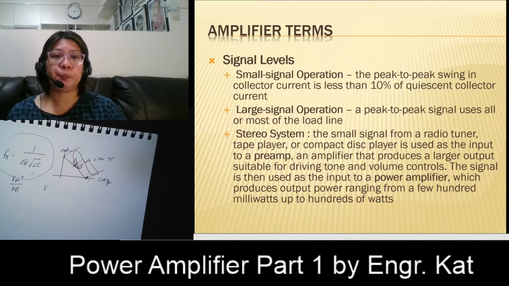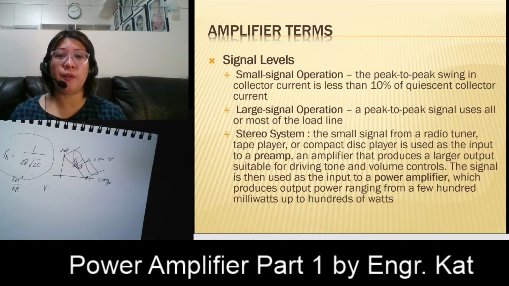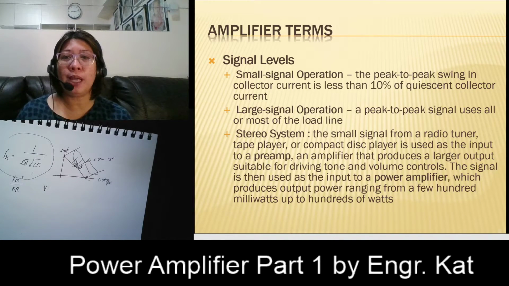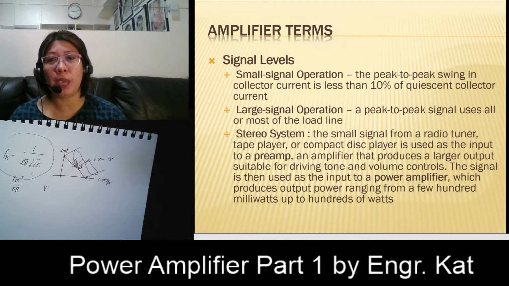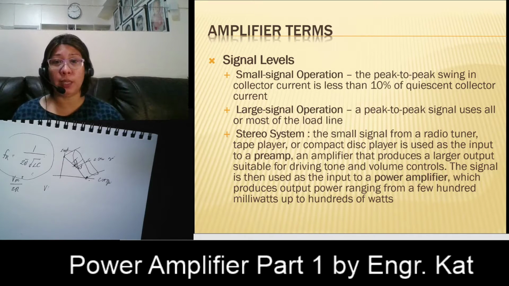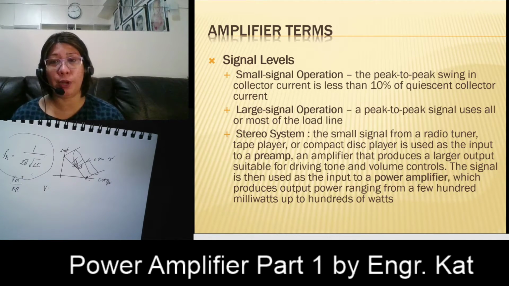Your power amplifier now produces output power ranging from a few hundred milliwatts to 200 watts, and it is now capable of driving your output in the form of a speaker. So the larger your speaker, the more power it requires to sound nice.